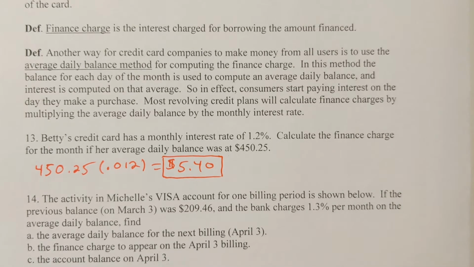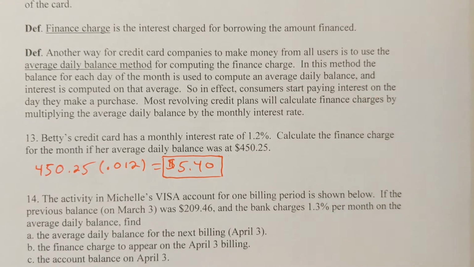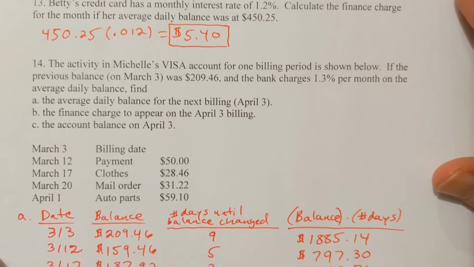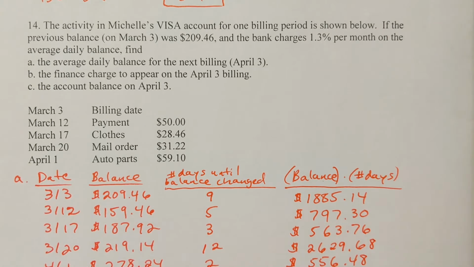So on the next credit card statement, she's going to see whatever she has left on the card plus $5.40.